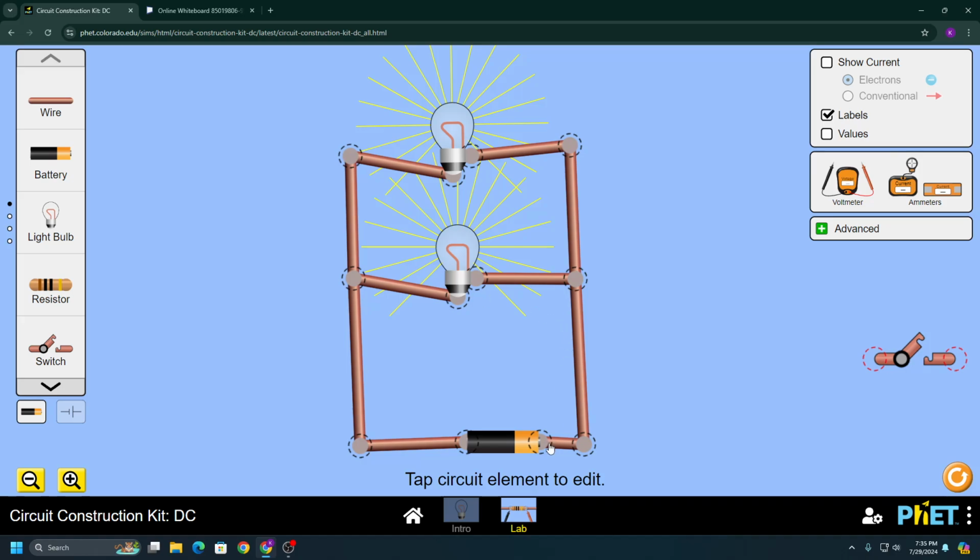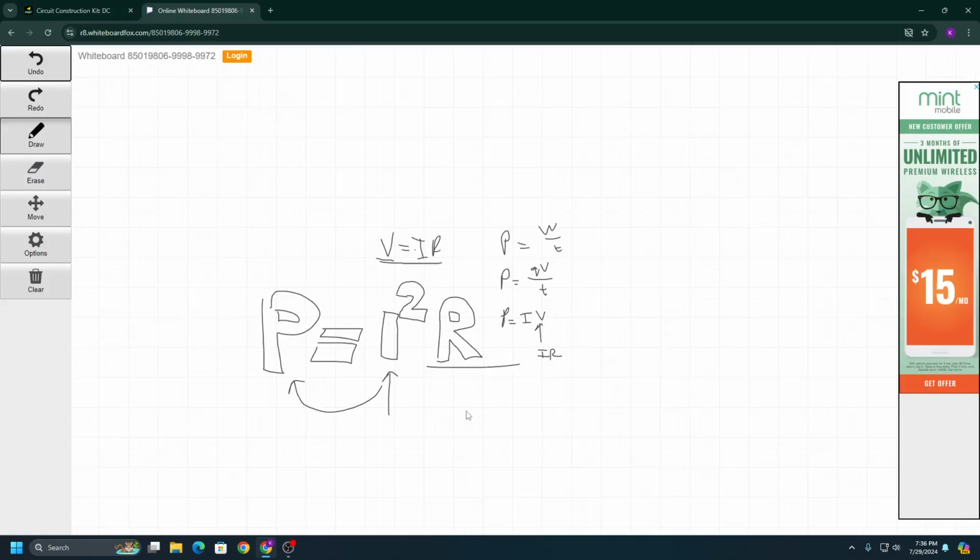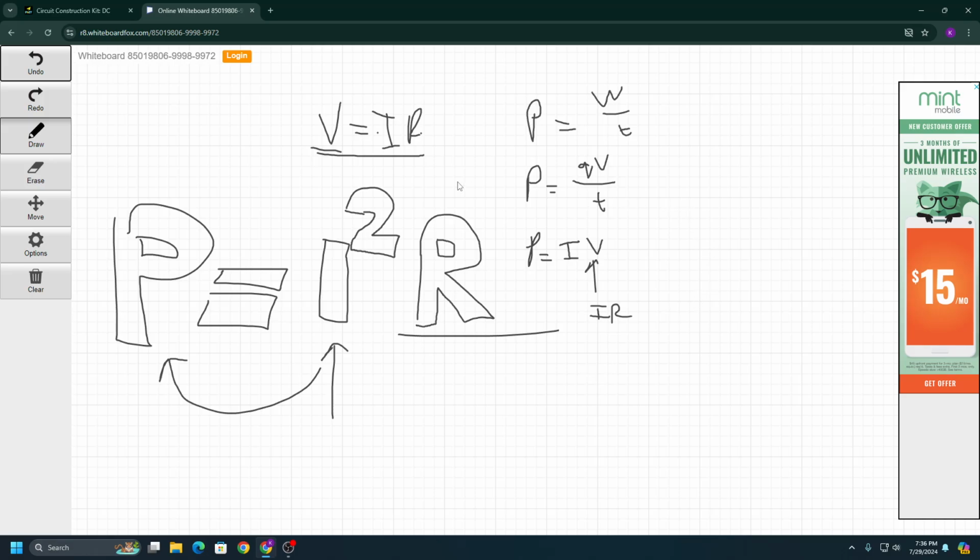If you think about Kirchhoff's loop rule, this is one loop, so the EMF is going to equal I times R, and this loop, the same. They're gonna have the same voltage going through them. So if you think about V equals IR, if you have the same voltage and the same resistance, you're going to get the same current. So in this case, this equation would be true.